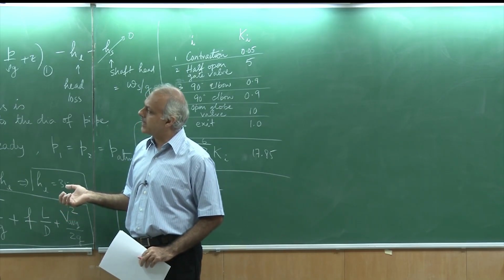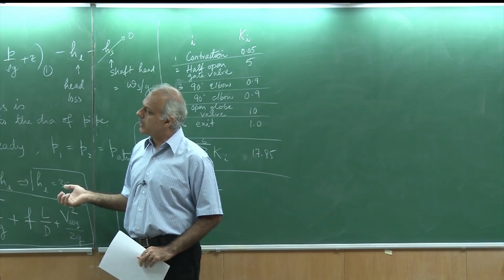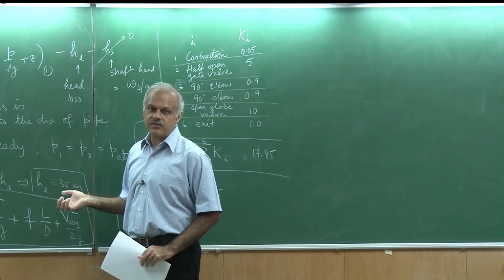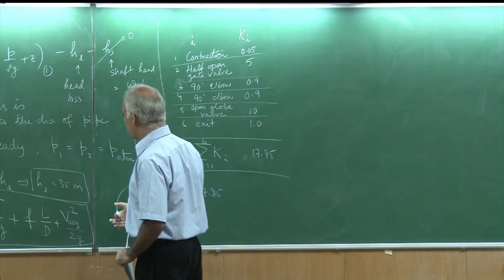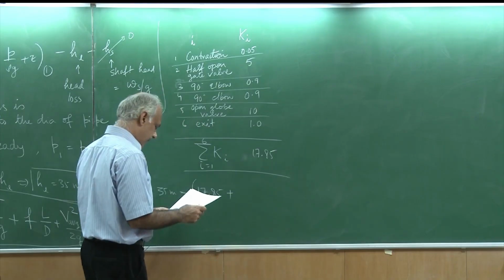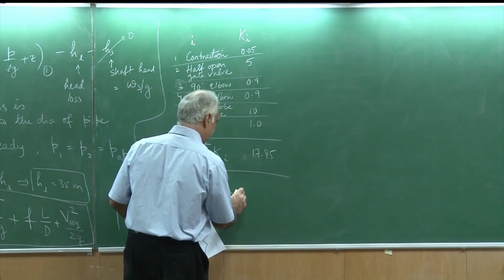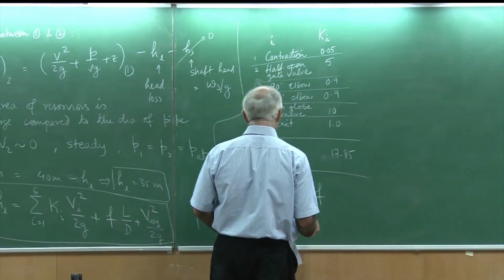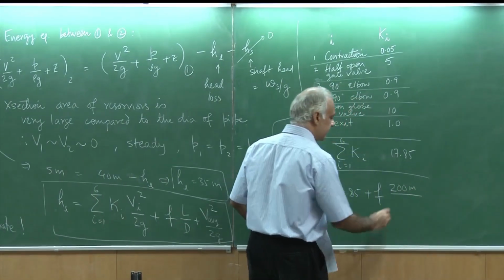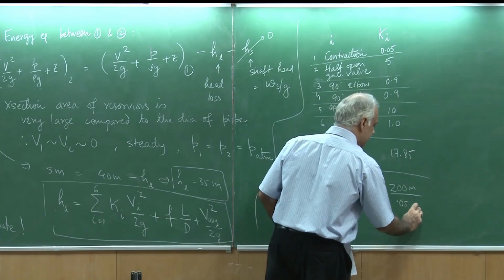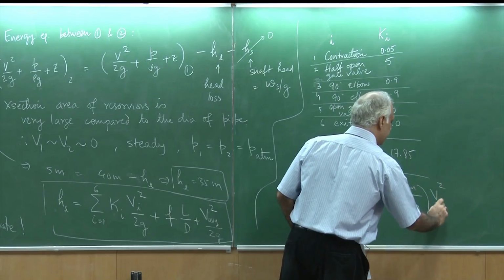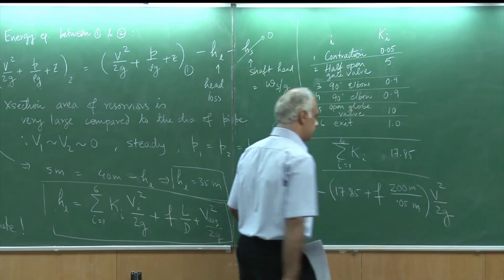We have already said that when we go through an expansion or a contraction, it is the narrow region which matters. So it is V square by 2g. And for the pipe, I am simply going to write f times L, where the length of the pipe is 200 meters and D is 0.05 meters, 5 centimeters, divided by V square over 2g.